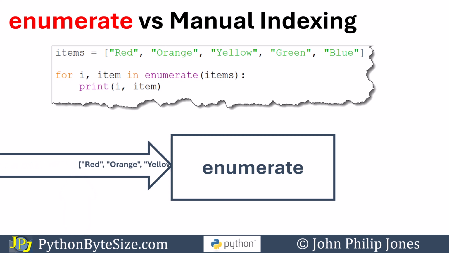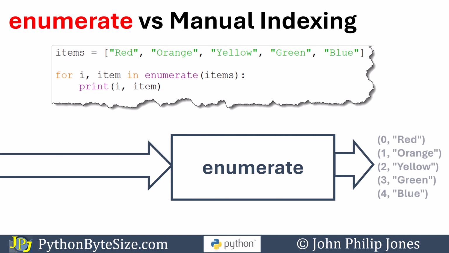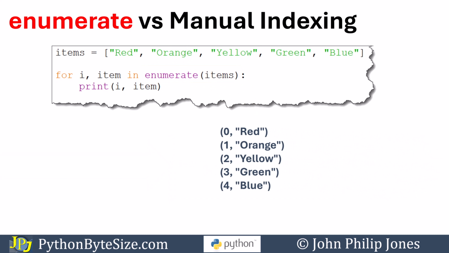And you can see they're going into the function, and enumerate will now work on that list, and it will produce the following output, which are 5 tuple pairs. In effect, you can think of these tuple pairs as being in this position. I'll put the tuple pairs underneath the program.